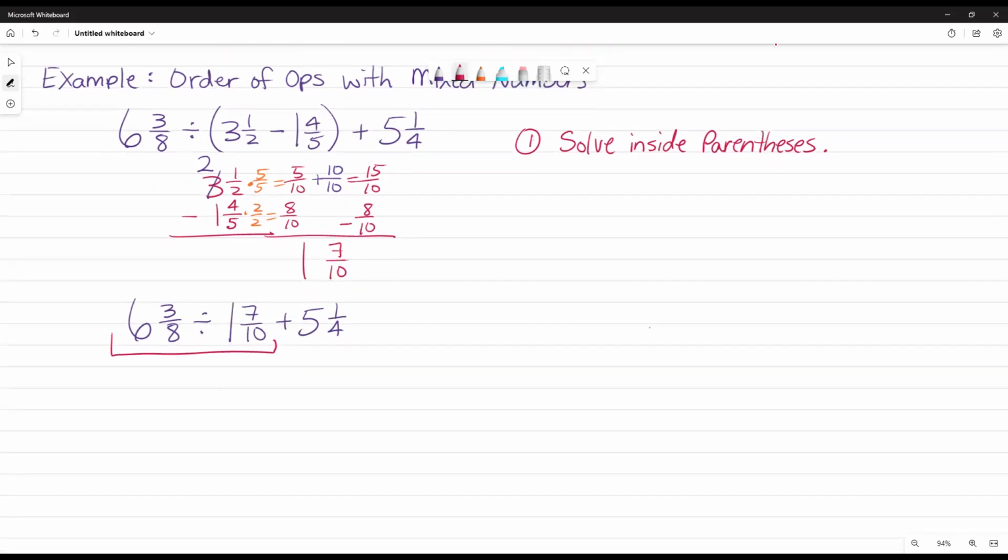As I rewrite this, I'm going to rewrite it as an improper fraction. 8 times 6 is 48. 48 plus 3 makes 51. So 51 over 8. And I'll keep the division. And then 10 times 1 is 10 plus 7 is 17 over 10. So step 2, solve division.